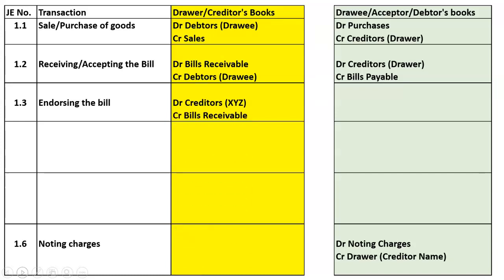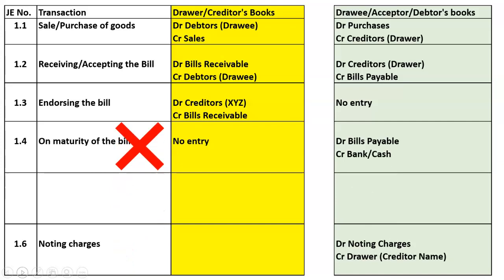Drawee will make no entry. On the maturity date, the drawer will make no entry because he exchanged his payables to XYZ with the receivables from the drawee. However, the drawee will make a usual entry by debiting bills payable and by crediting bank or cash.